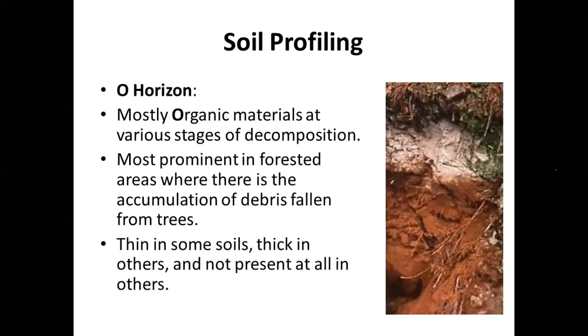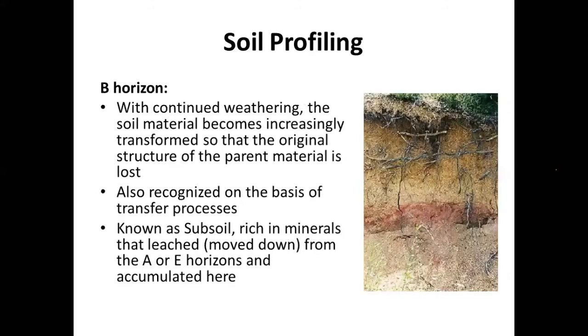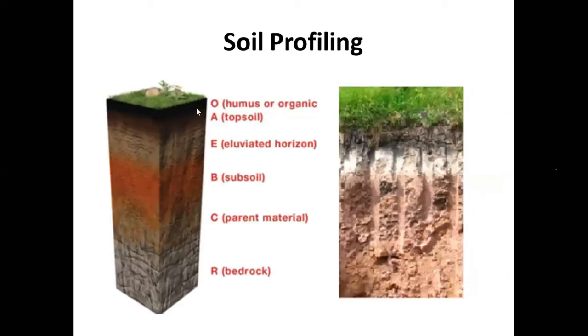If we recap once again very quickly, there is the O horizon at the top. Now we'll come from top to bottom. The O horizon is very much organic, the decomposed part; in vegetative areas, the decomposed plant parts are found in the O horizon.